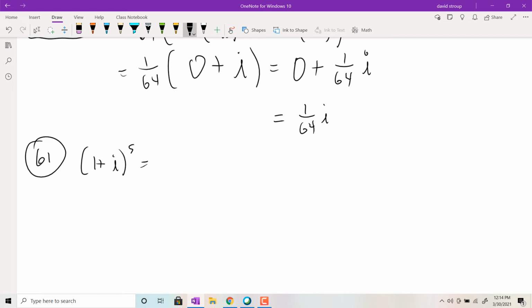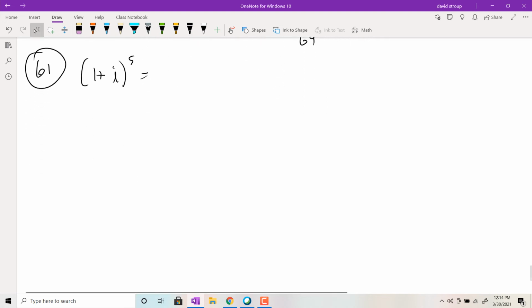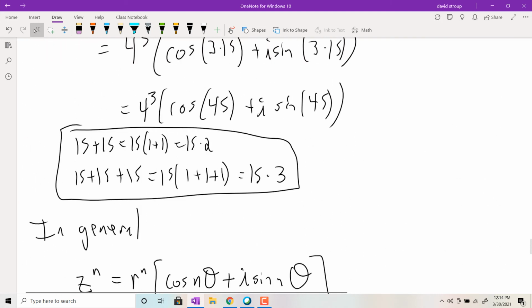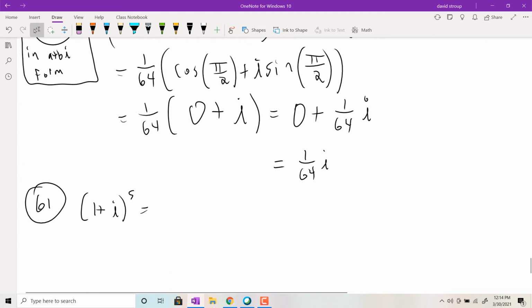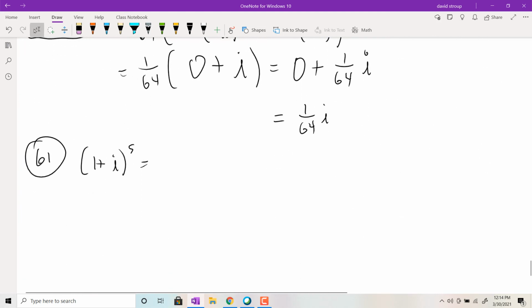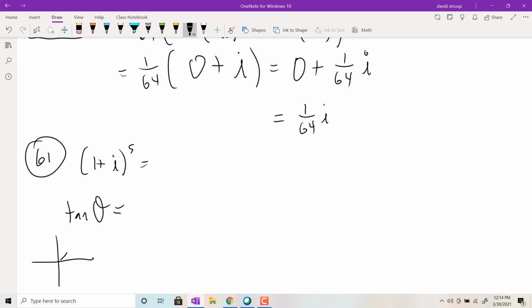That's just going to be a nightmare. So it's better to convert first to polar and then use our sort of general formula for taking the 5th power. So in this case, what are we looking at? Tan of theta, 1 plus I is in the first quadrant. So we have 1 over 1, and so theta will be pi over 4.